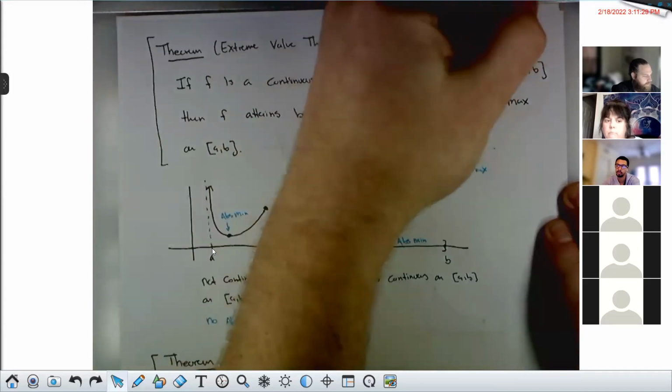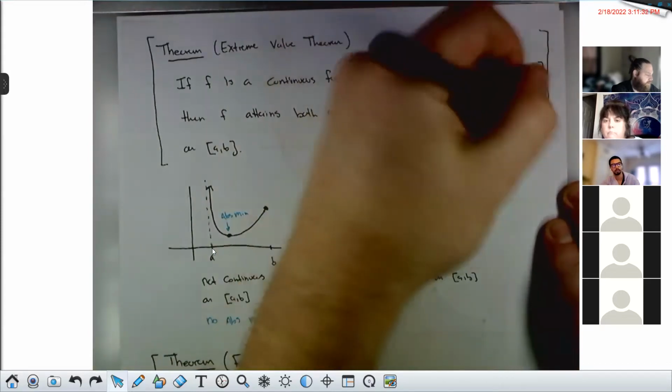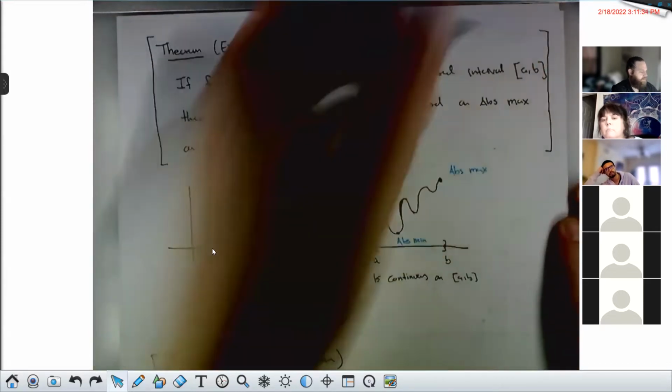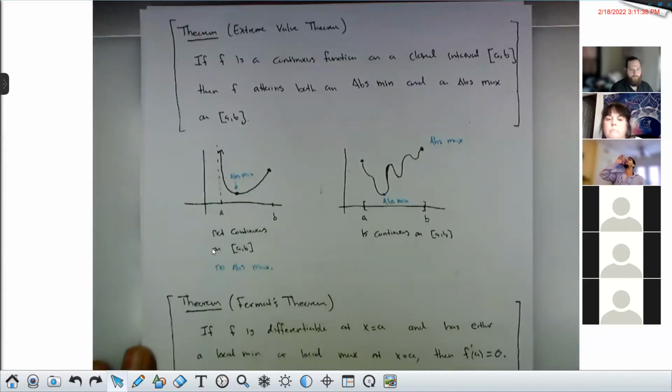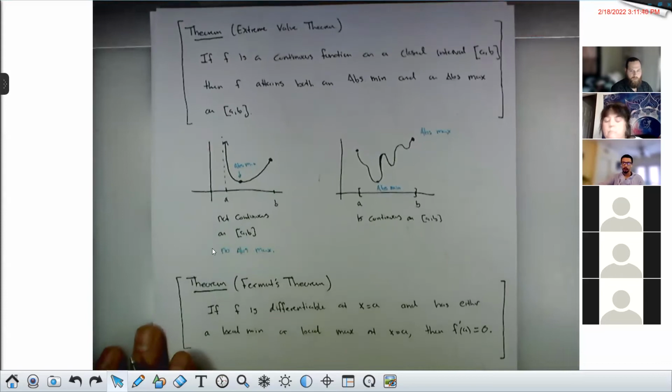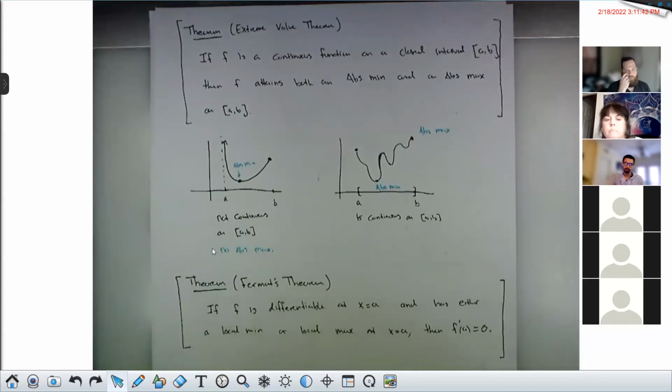So if you take a nice, not just continuous, but differentiable function, and you restrict it to a closed interval, then you can go hunting for the absolute min or absolute max by looking for all the places where the tangent line is horizontal, and then comparing the y values at those points to the y values at the endpoints of the interval.